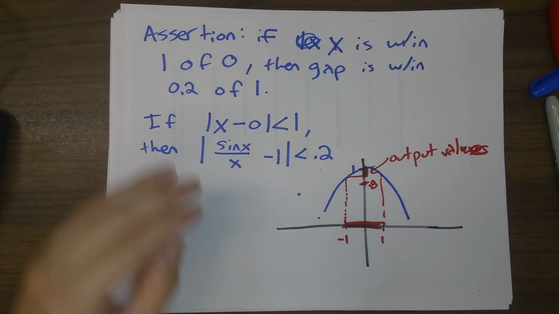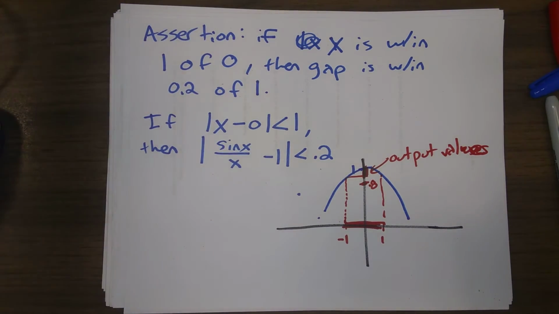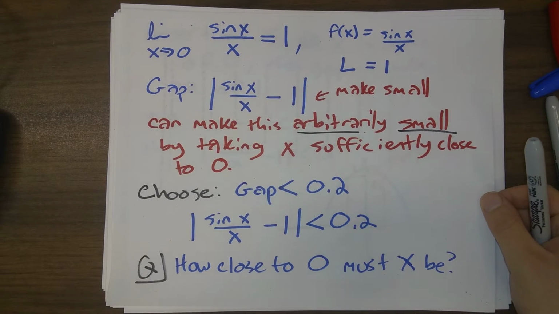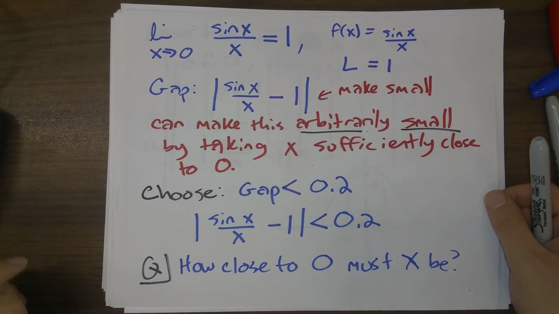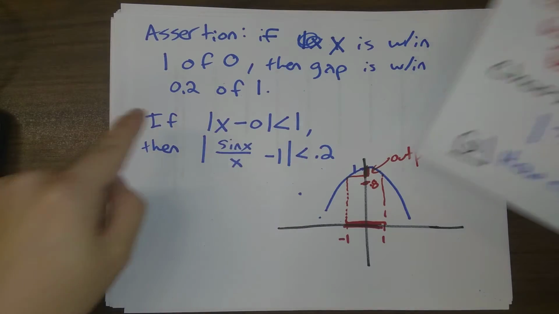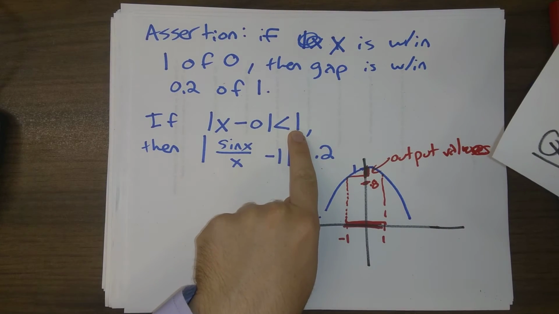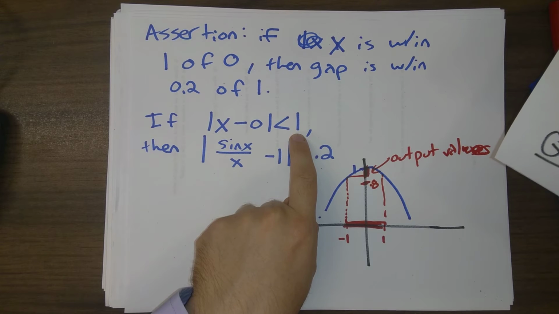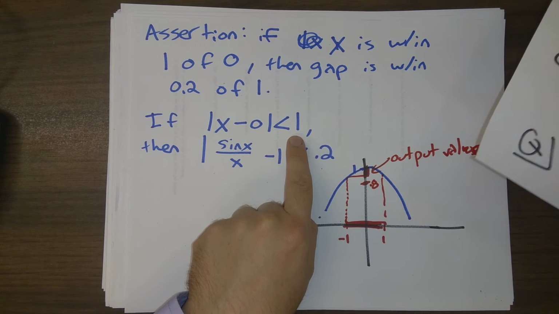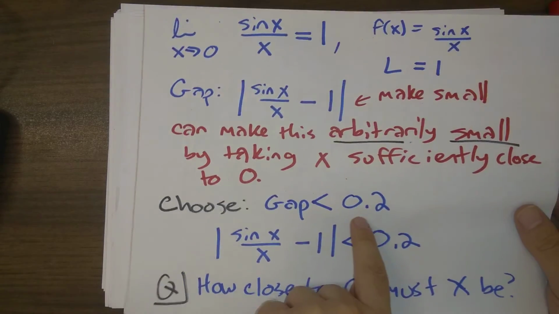Okay, so before we were saying that we can make this arbitrarily small. And so what we just did was that we saw pictorially that if we wanted the gap to be less than 0.2, here's a choice: we can choose x to be sufficiently close to 0, |x| less than 1, and that takes care of this gap.